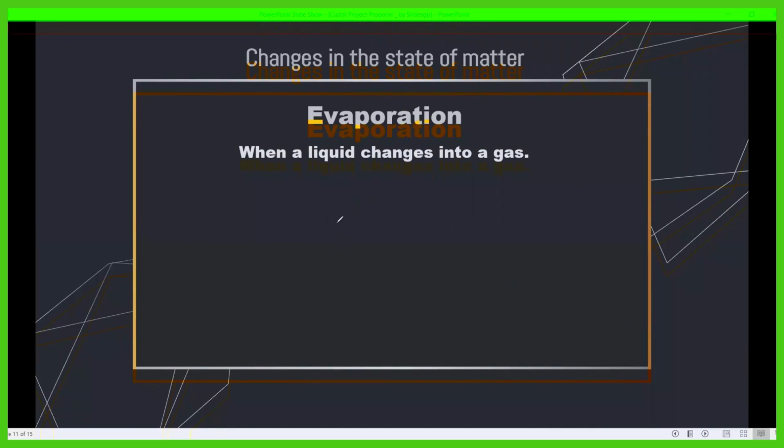Evaporation is the state change from liquid to gas. It also happens when the temperature increases, and the specific temperature at which a liquid turns into gas is known as the boiling point.